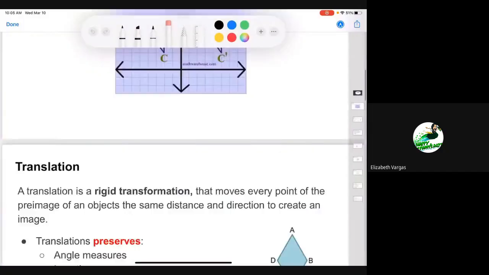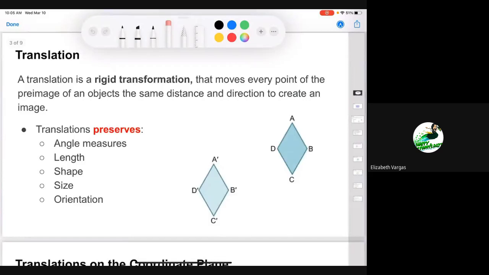All right. So a translation is a type of rigid transformation, which basically means the shape doesn't change, the lengths of the sides don't change, the angle measures don't change. Nothing dealing with the size of the figure changes, only the location, right? It gets slid from one side to the other side.